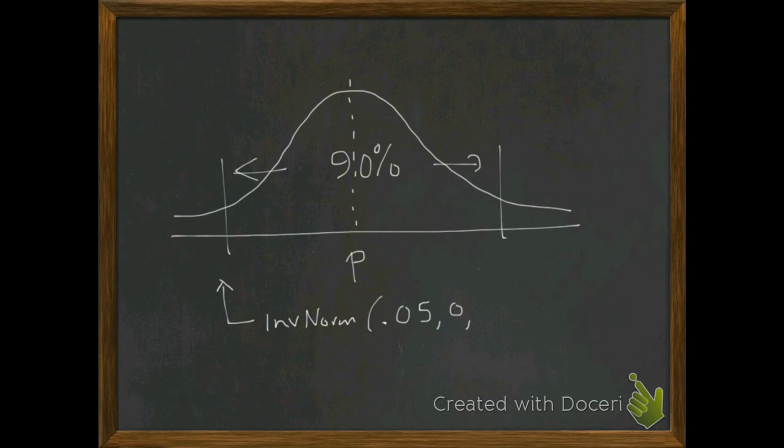0.05, 0.01. And for this one, we need 0.95, 0.1. So guys, if we put that in our calculator, inverse norm, 0.05, 0.1, we get negative 1.645.